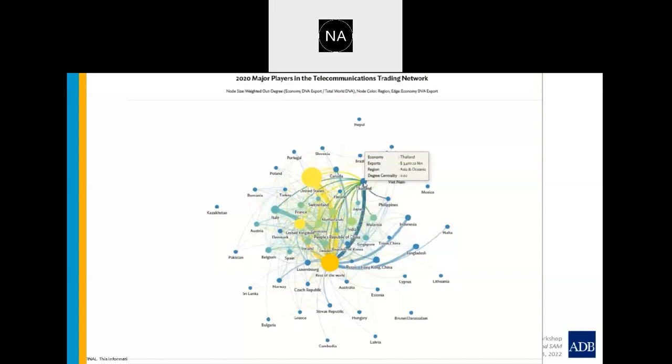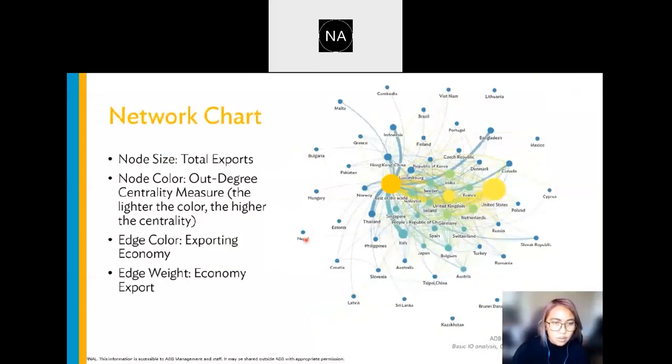What this means is that China, even though the total exports is smaller, it's exporting to a lot of all other economies compared to Thailand, where the exports are concentrated to rest of the world and the Philippines. So just a few economies.